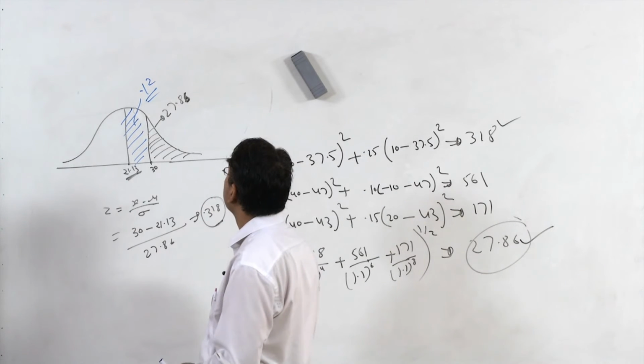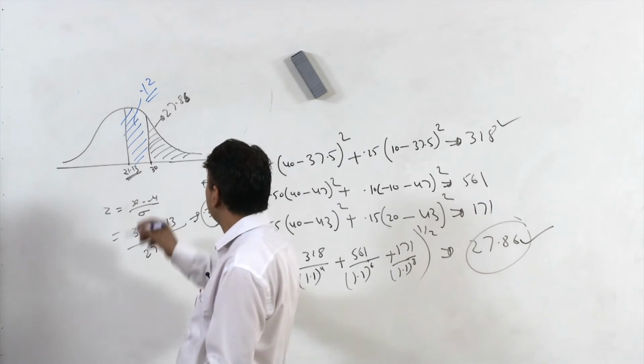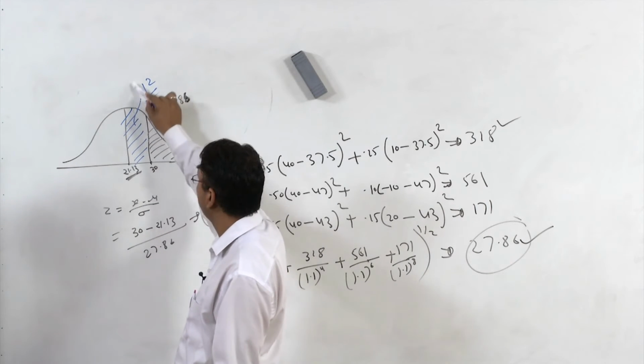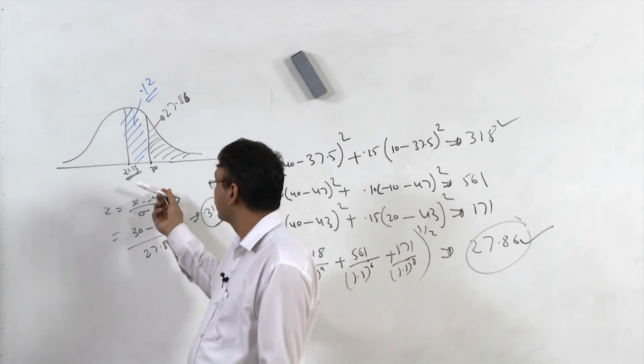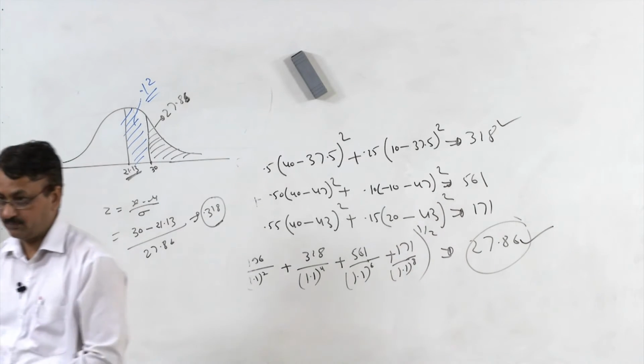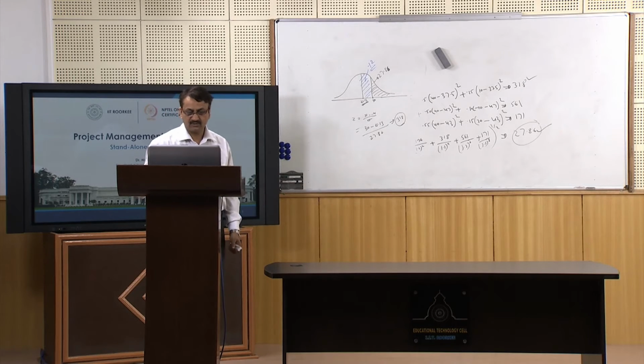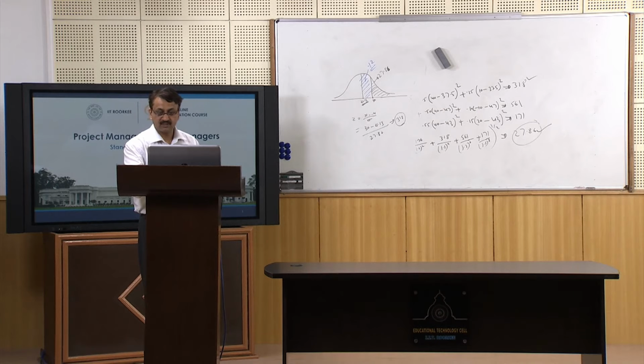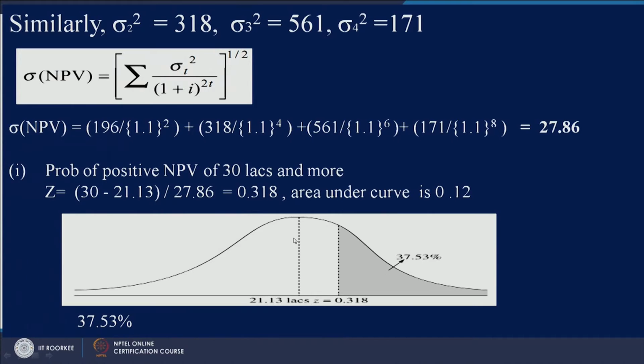You just subtract this value from 50%, and that would be around 37.53%, right. So this is how you should calculate, because we know this area is 0.12 and this area is 0.5 minus this value. So you will get 37.53, right.